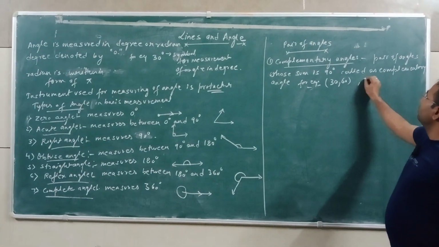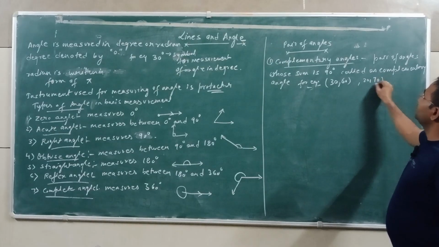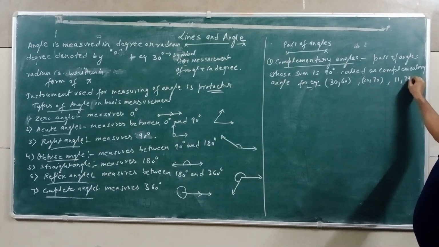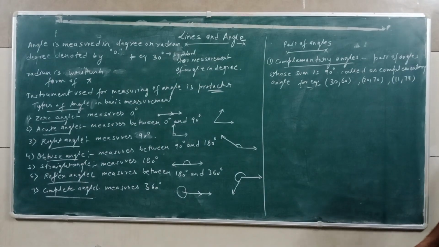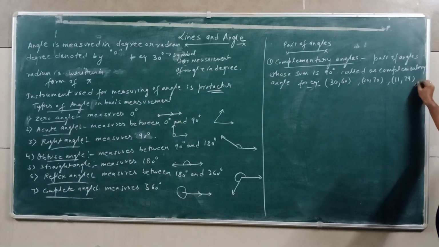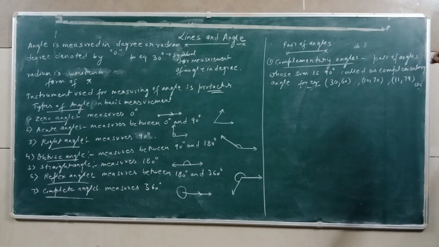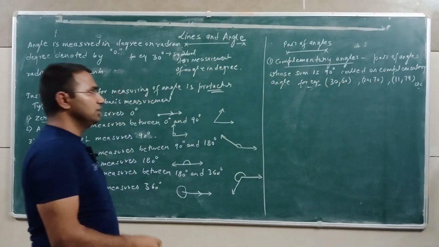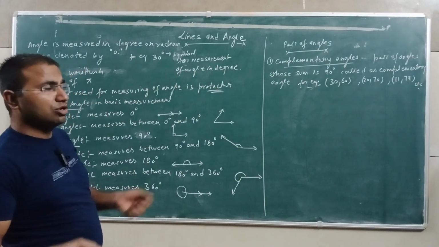Now, one more example: 20 and 70, or 11 and 79. There will be many complementary angles. So some examples are written here, and I hope you have understood what complementary angle is.